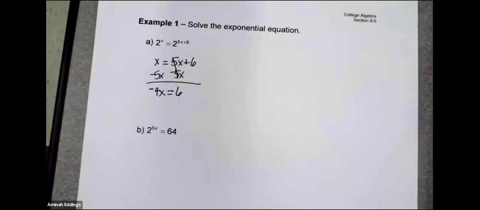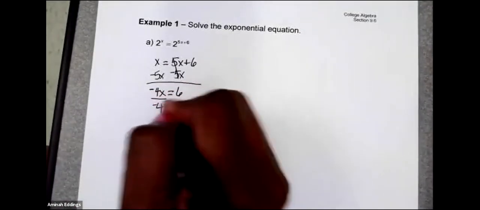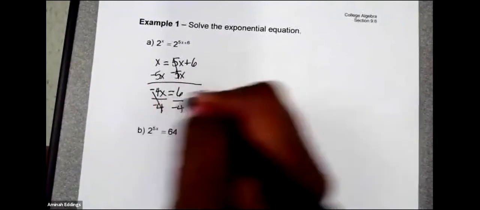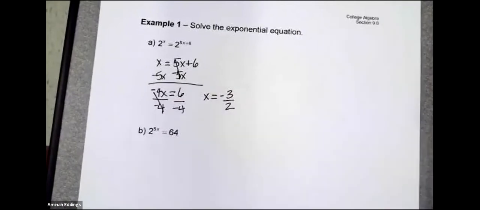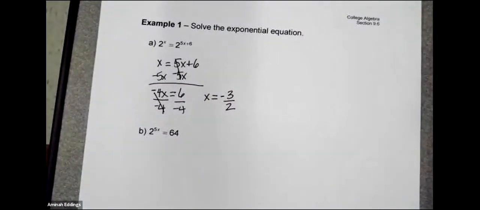And then divide both sides by negative 4. Okay. And so I get x is equal to negative 3/2.